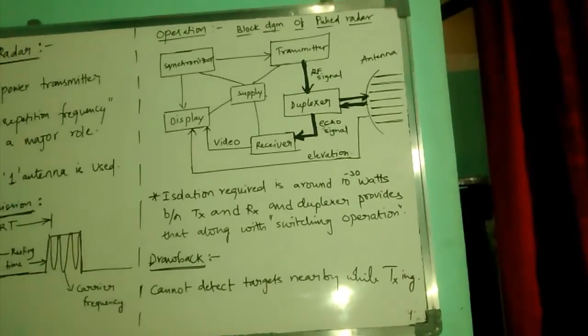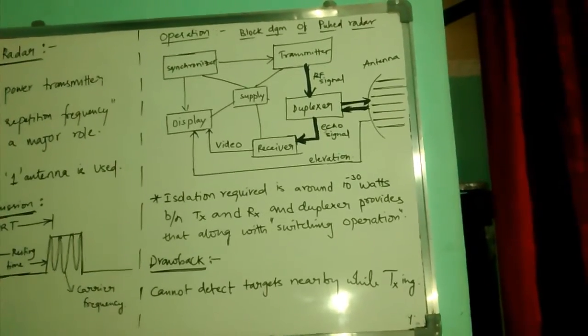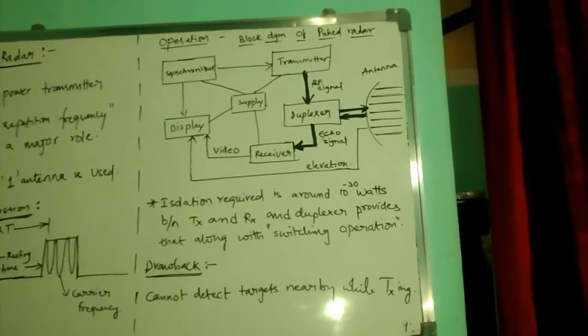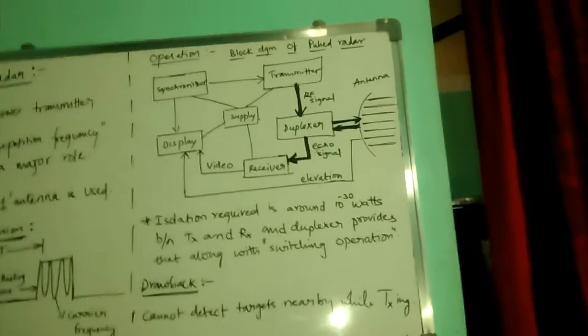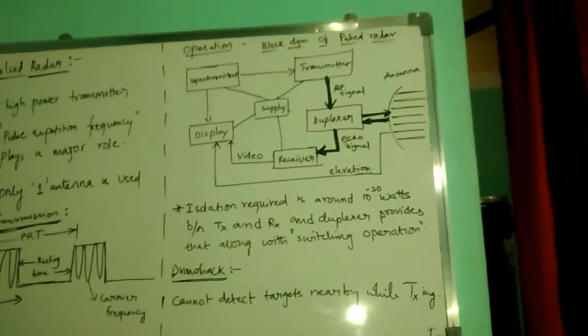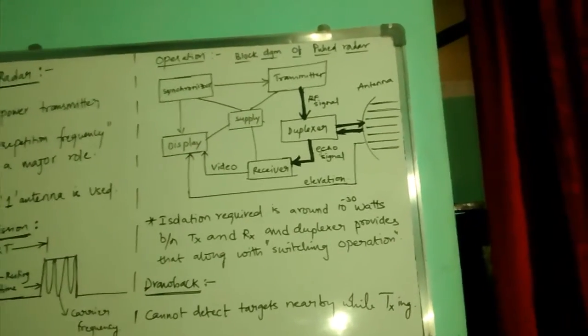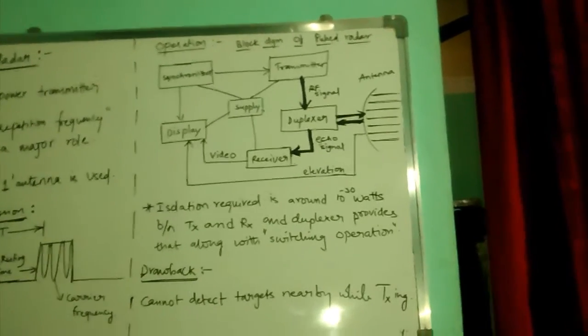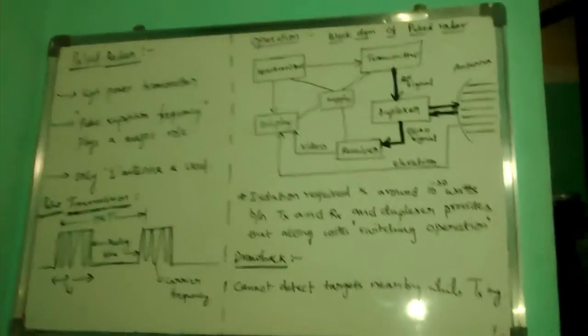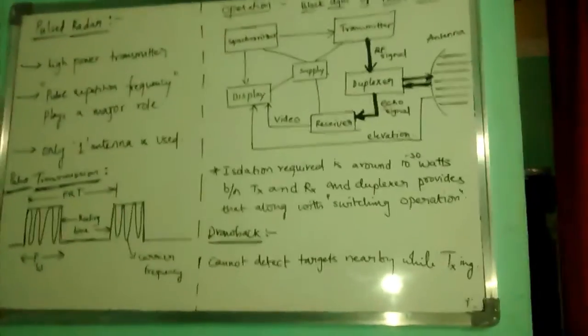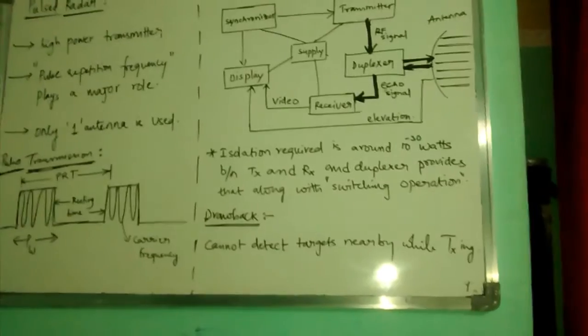So for that duration of pulse width, if the target is very nearby, within the pulse width, like suppose the pulse width is 5 seconds and your target is at 3 or 4 seconds from when you transmit the pulse, you will definitely miss that echo from the target.